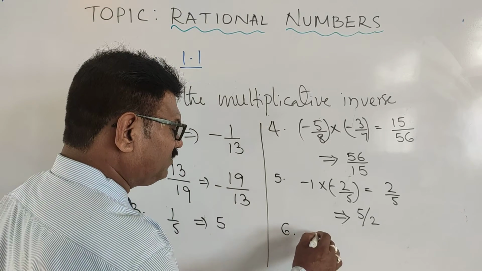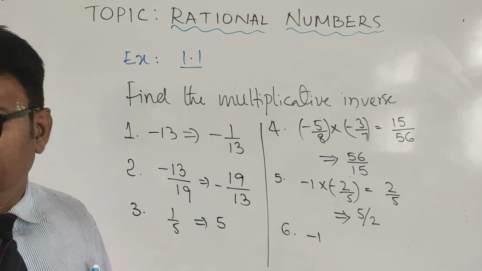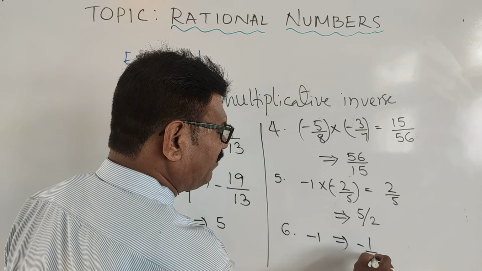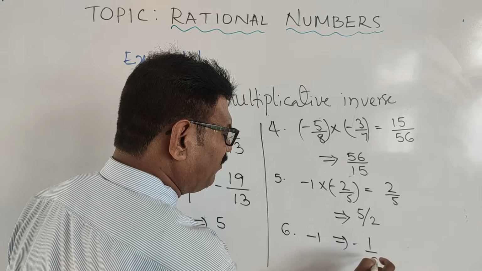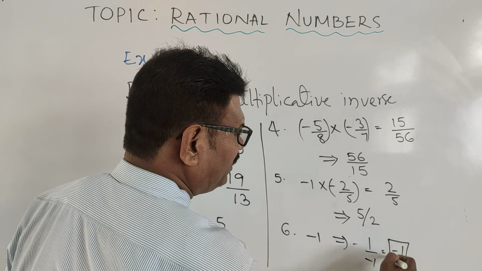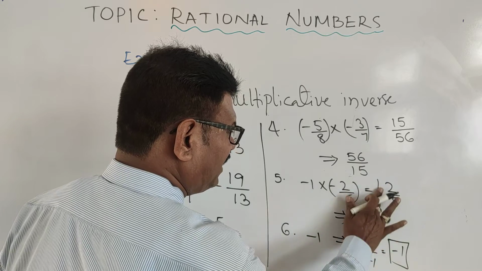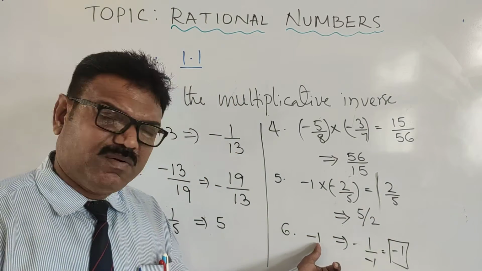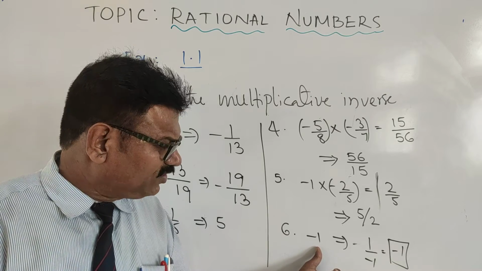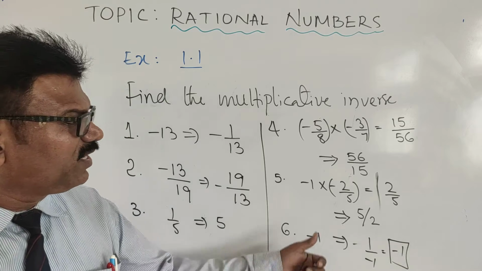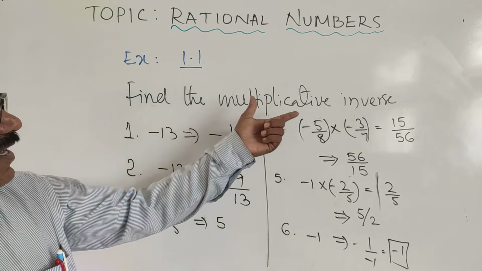Minus 1. Very difficult problem it is. Minus 1 by minus 1 by minus 1 is also equal to minus 1 only. So these are the answers. Reciprocal of 1 is also 1 only. Reciprocal of minus 1 is also minus 1 only.